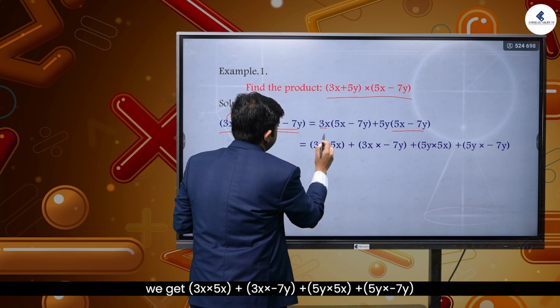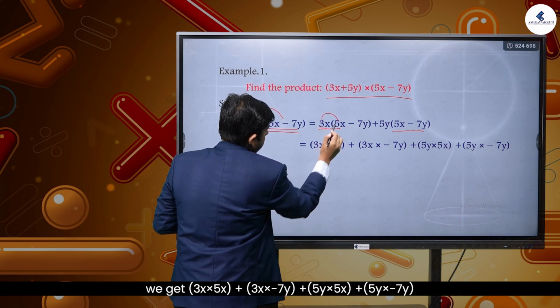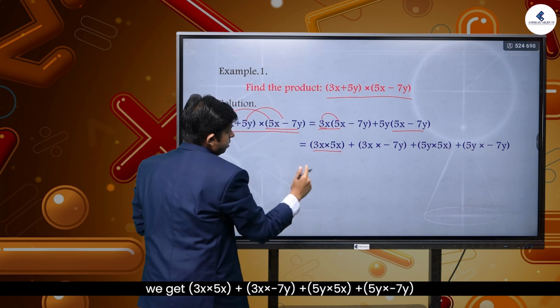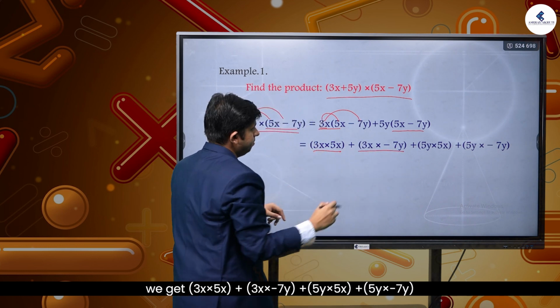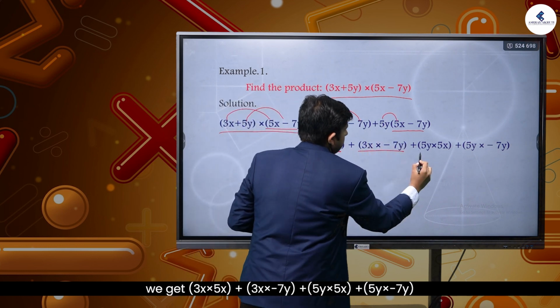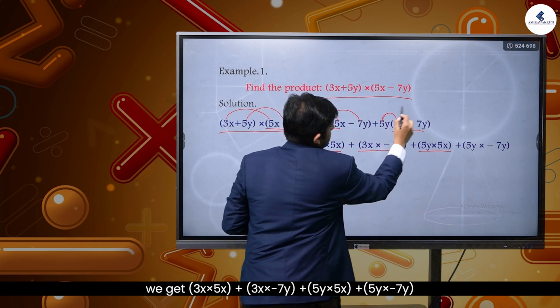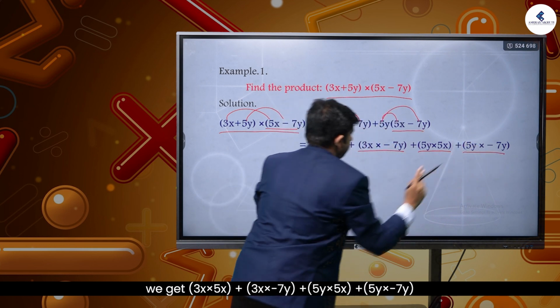After multiplying, we get 3x into 5x plus 3x into minus 7y plus 5y into 5x plus 5y into minus 7y.